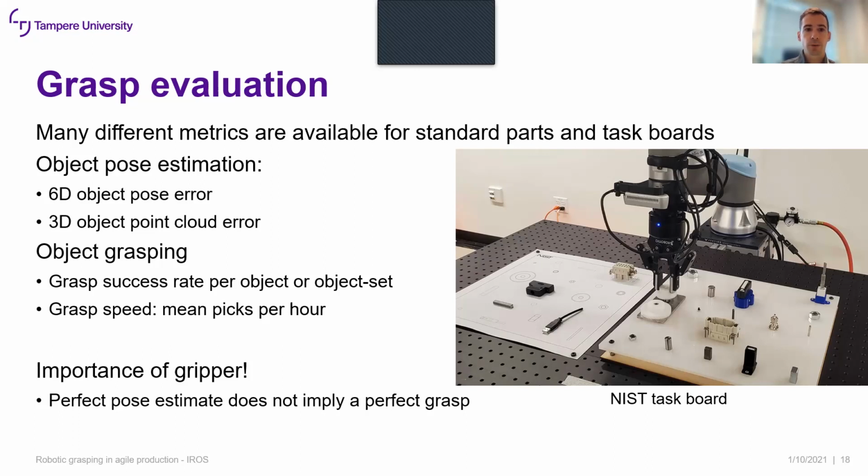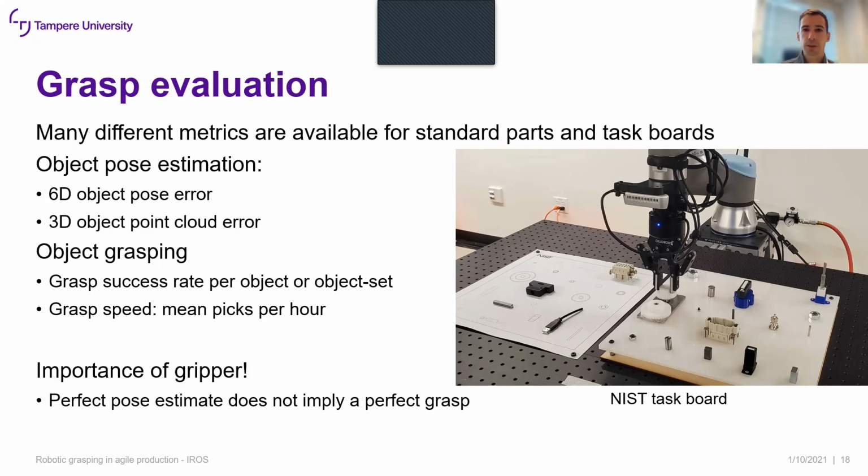Other methods simply use the object pose in 6D or a point cloud error, which is in 3D. Most importantly, however, it is the success of grasping itself. So how well can you grasp an object or an object set, and how fast can you do this, which is then important for industrial applications.